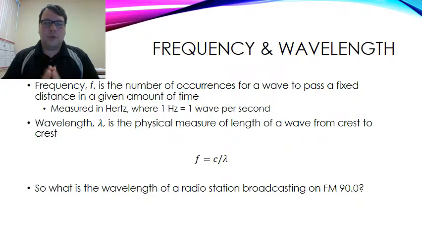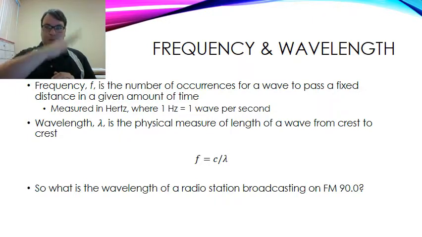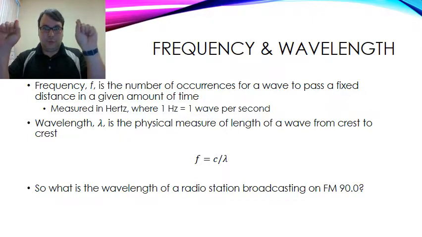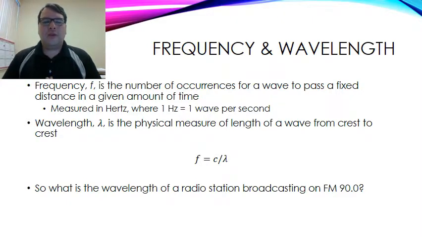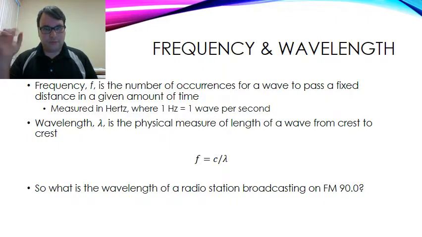Now, wavelength, let's talk about that. If I'm looking at wavelength, it is pretty much what you would think. It is the length of a wave. It is a physical measure of length. And we're looking from crest to crest. So here's a wave. I'm looking crest to crest. What I can do in this relationship is I can set my frequency equal to a proportion where I have my speed of light, because that's a known value, it's a constant value, divided by the wavelength.